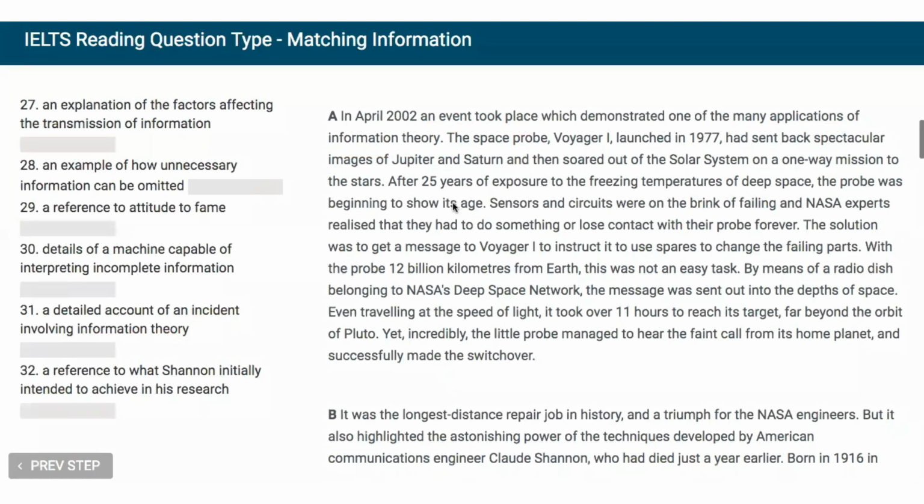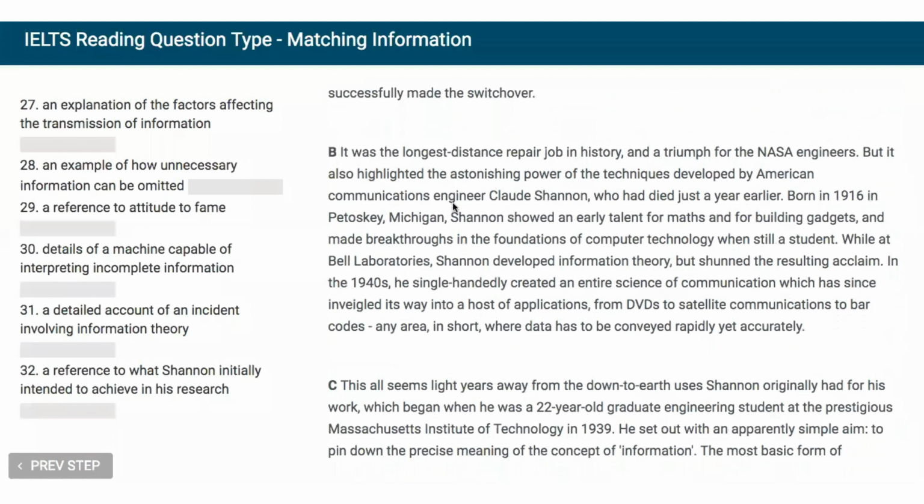I'll clear our screen and continue downwards. Okay, so we have B, and I'm going to just scan again for information. Now I already see Shannon, okay, and it's the first time he's mentioned, and we know that because it has his first name as well.